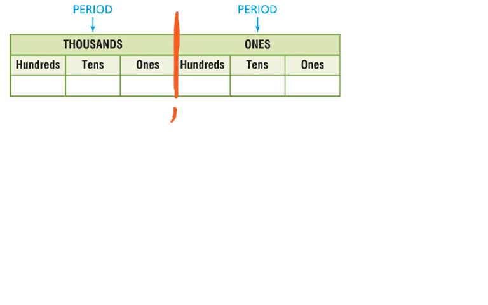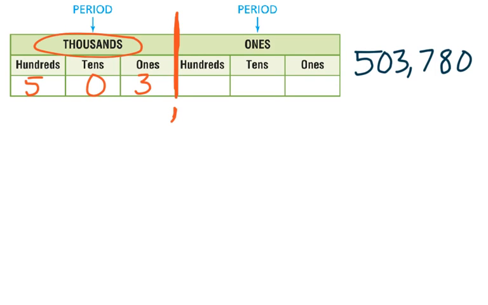So if we were to look at a different number, let's say we had the number 503,780, we would take these individual digits and place them into our table. So we have 503,000, and right here, notice where that period ends, I say the period name, so 503,780.